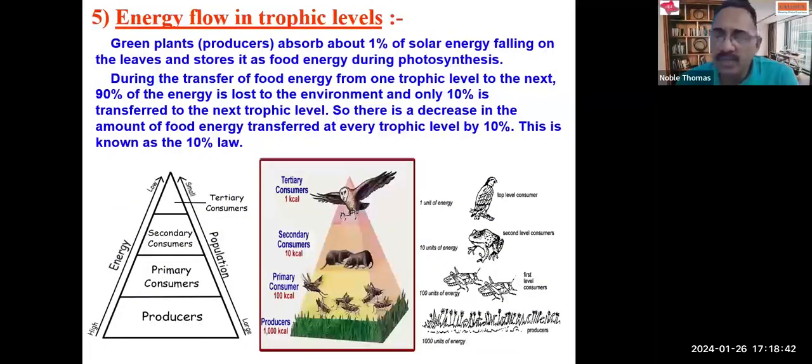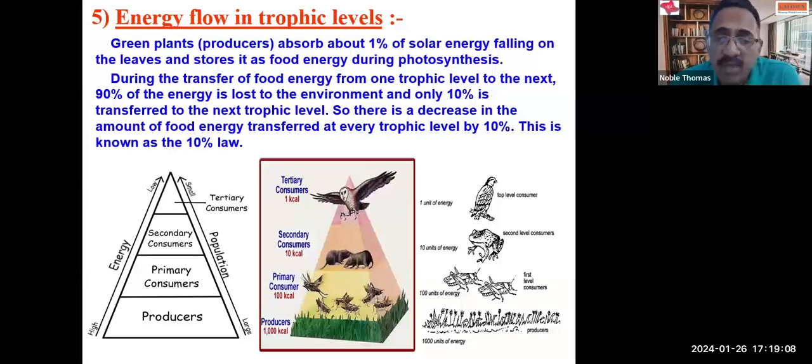So in any ecosystem, minimum one member from each category is essential. There should be producers, there should be consumers, and there should be decomposers. Okay, here it is showing an example of the 10% law, that for example the producers have 1000 kilocalorie of energy.